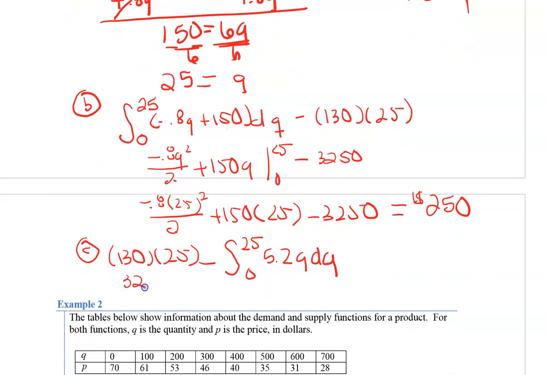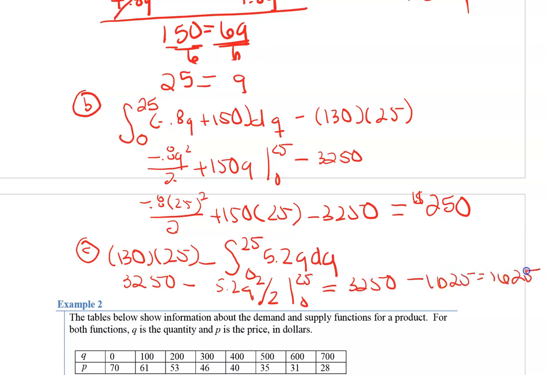We already know this is 3250 minus 5.2q squared divided by 2, integrated from 0 to 25. And again, that just ends up giving you 3250 minus, plug in the 25 because plugging in 0 would not give you a value. So 1625, and then subtracting those, you get 1625. And so that is your producer surplus.